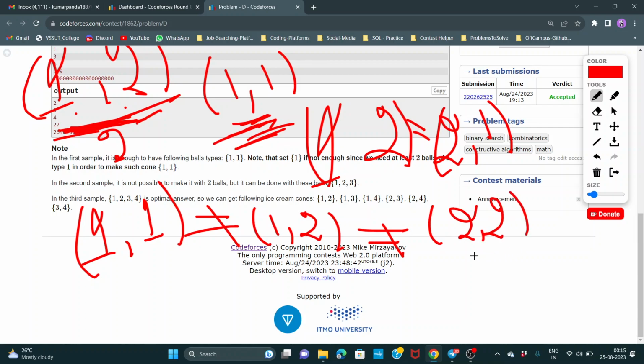In this set you have two elements where the flavor value of both elements is equal, that is 2. In this case the flavor values of the two elements are different: the first one is 1 and the second one is 2. And in this case both have the same flavor, but the flavor value is 1.